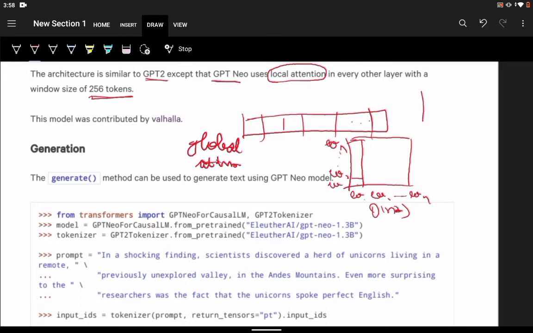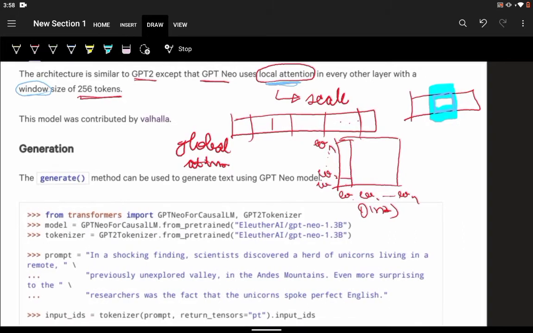Whereas in local attention, a block of it would be considered, or basically we would consider a window size of 256 tokens. That is what local attention is. Local attention is helpful when you have to scale the model up to larger input sequence lengths, right?